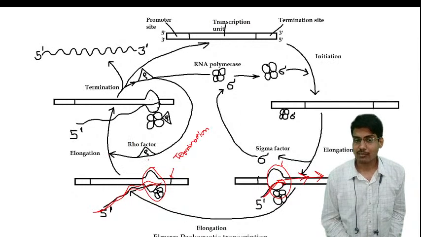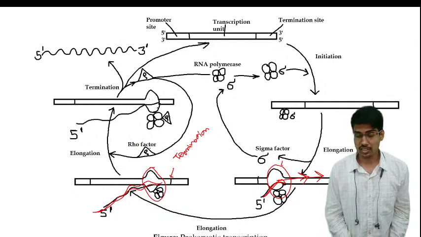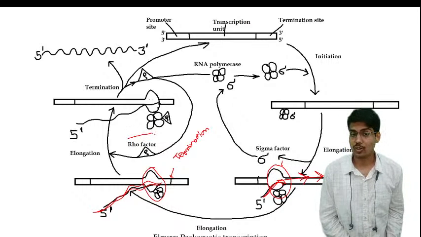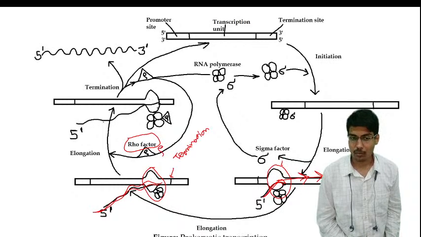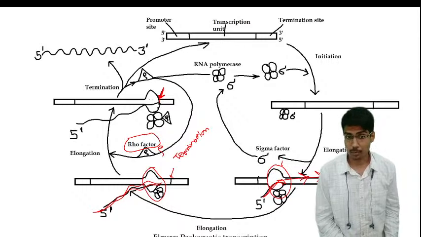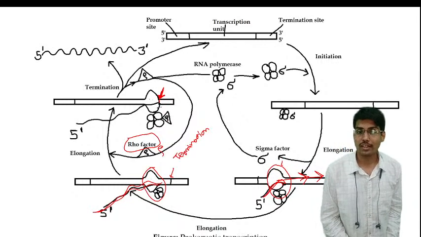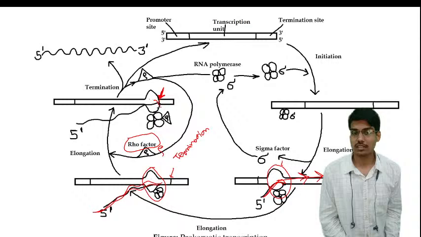Next, to help that termination, there is another factor that is called what? Rho, that is the rho factor. Now this rho factor will attach to this entire complex, and as this transcription approaches the termination point, the rho factor will terminate this RNA, sorry, not protein.